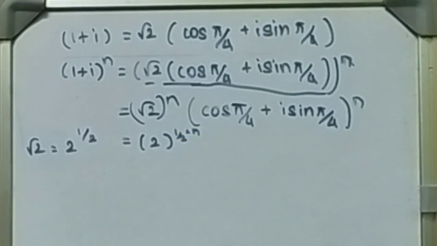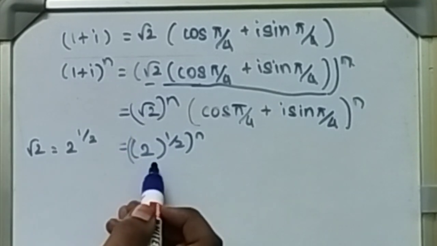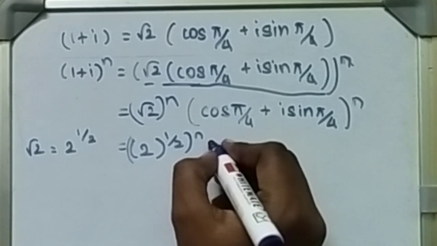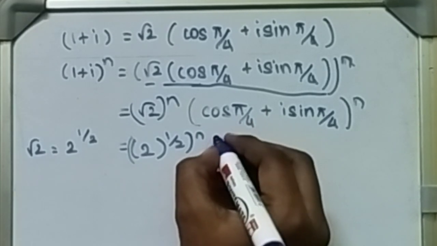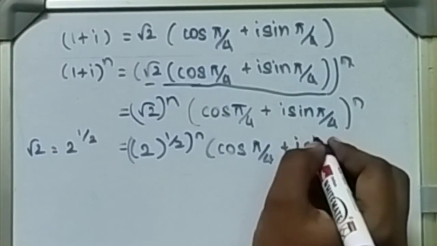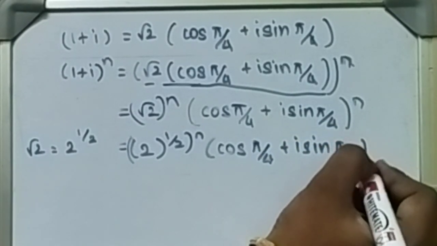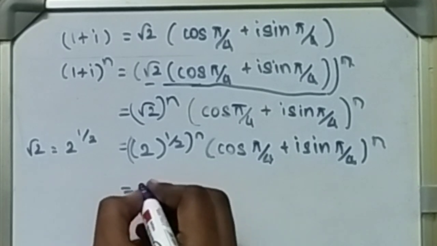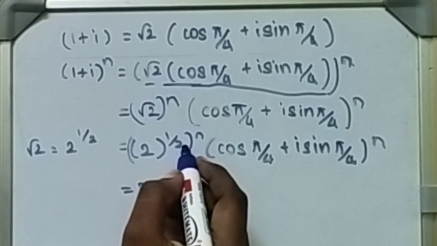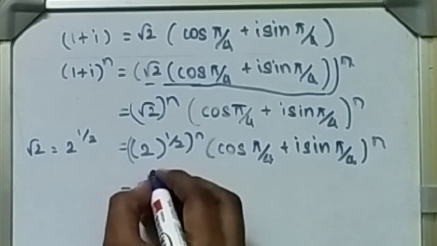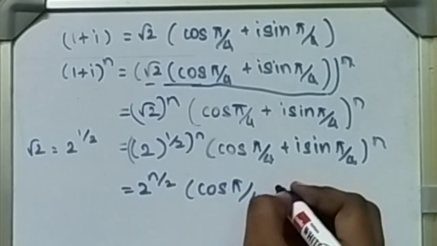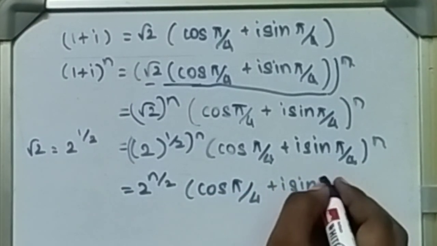Here it is power n, so this term will remain the same, cos pi by 4 plus i sin pi by 4 power n. These two are in multiplication, so 1 by 2 times n, it will become 2 power n by 2 times cos pi by 4 plus i sin pi by 4.